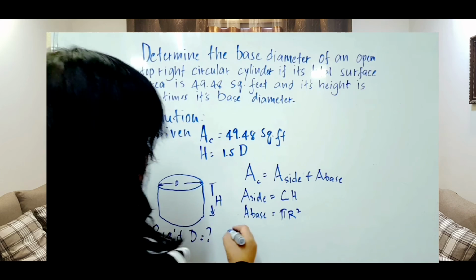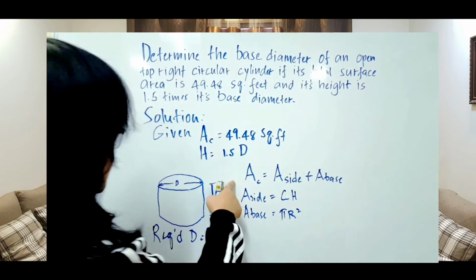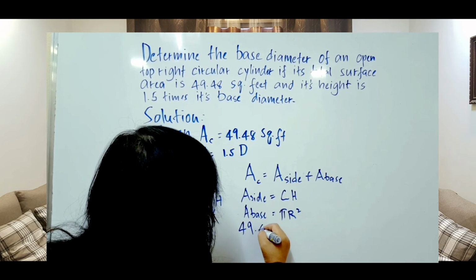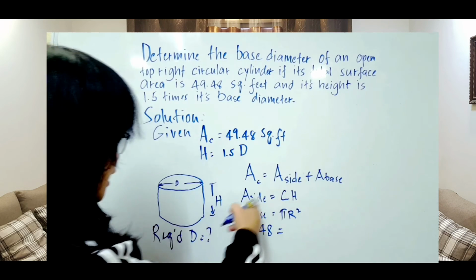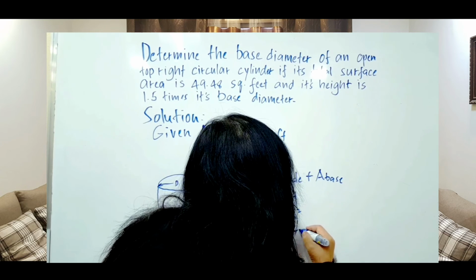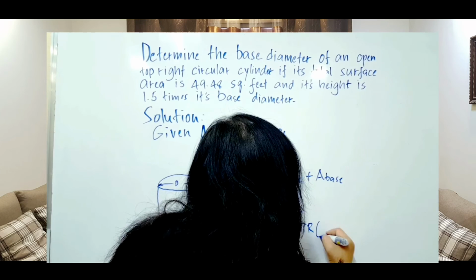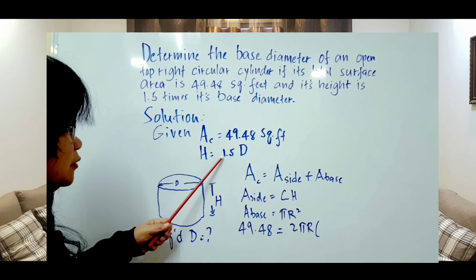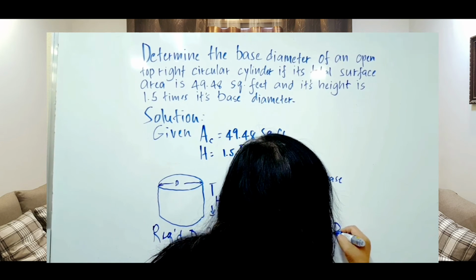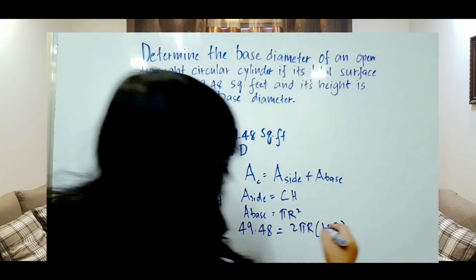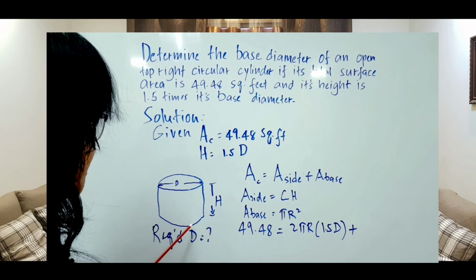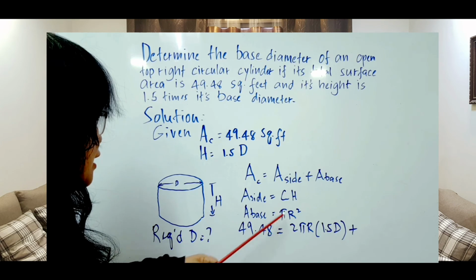Now, substituting these values, the total area of the cylinder is 49.48, equal to the area of the side, which is the circumference 2 pi r times the height, which is 1.5 d, given as 1.5 diameter, plus the area of the base, which is pi r squared.